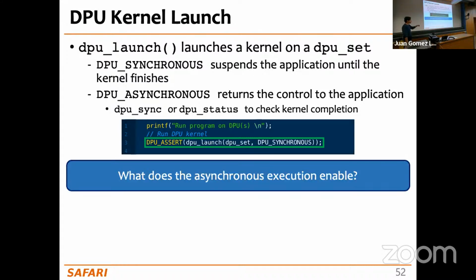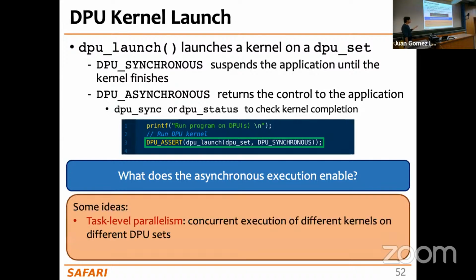What does the asynchronous execution enable, or can potentially enable? For example, task-level parallelism, right? Because right after launching one kernel onto one DPU set, I could launch another kernel onto another DPU set. So this way we can enable task-level parallelism with asynchronous launches, not synchronous as in that line there.